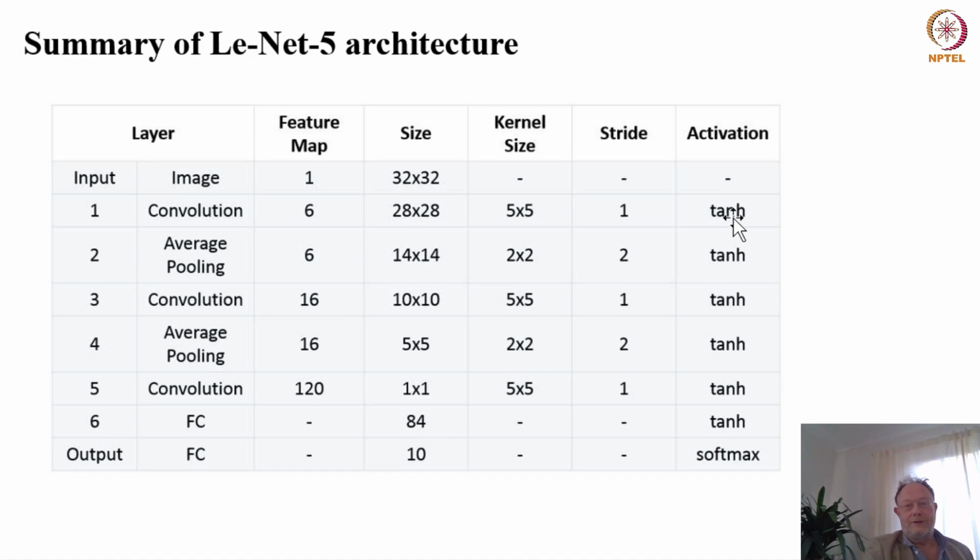Hyperbolic tangent is a variant of sigmoid. Obviously, in this very early system, it wasn't popular to use the ReLU function at that point. It was still the fashion to use sigmoid-related functions. So this was an example, again, of the same scheme.